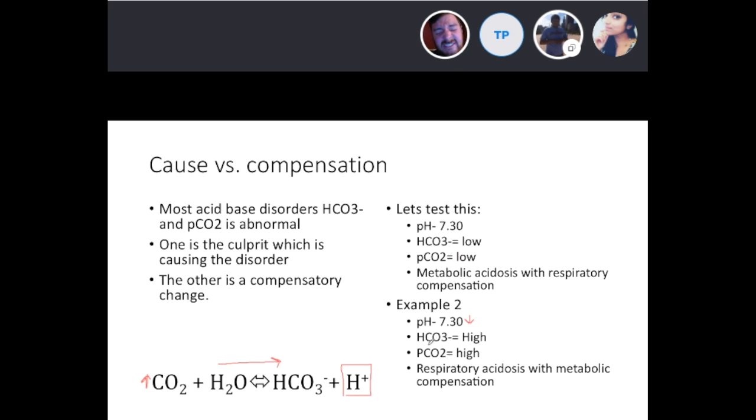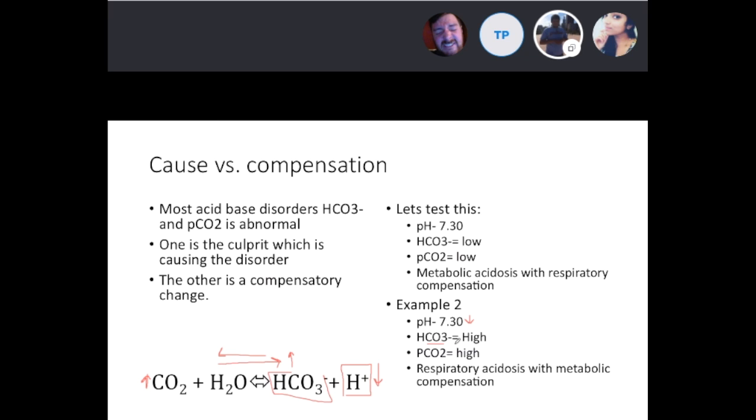Now your body is going to respond by producing more bicarb and reabsorbing more bicarb, and that's going to increase your bicarbonate level. It's trying to fix the problem by increasing the bicarb level, helping the equation shift this way to decrease the hydrogen ions through increased production or reabsorption of bicarb.